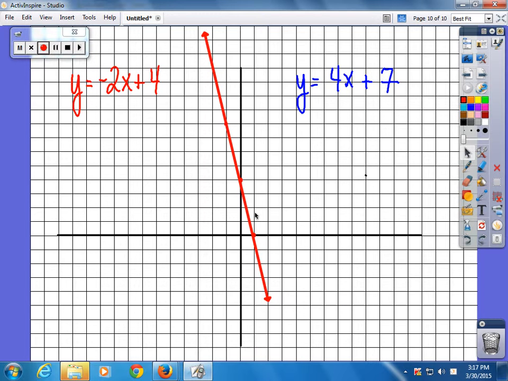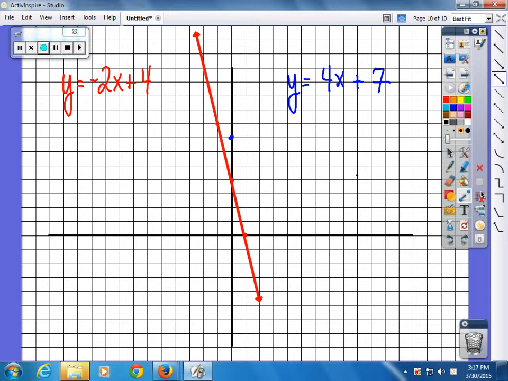Now we do the blue line. And 0, 7, 1, 2, 3, 4, 5, 6, 7. And we've got a trace line that goes left to right what? Left to right uphill. And 4 over 1.